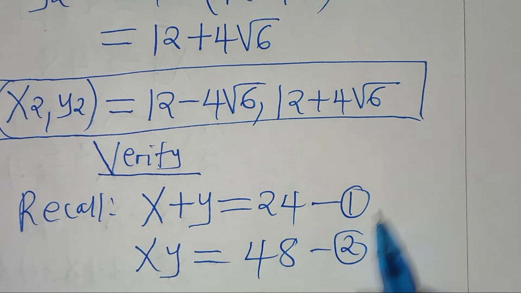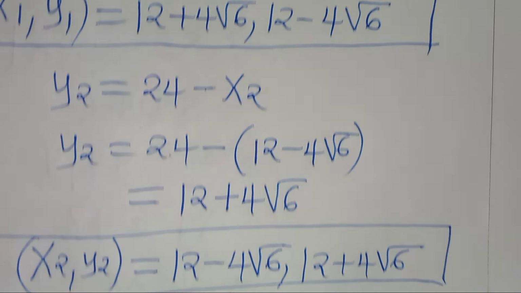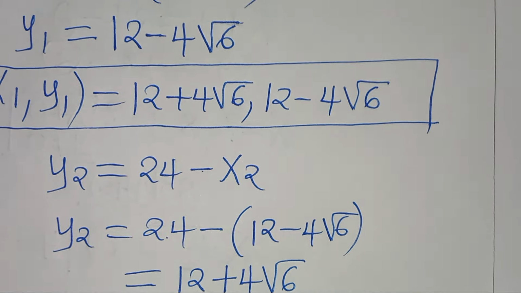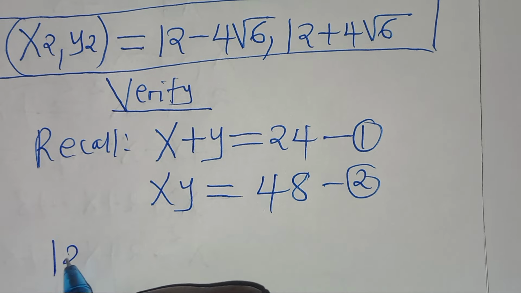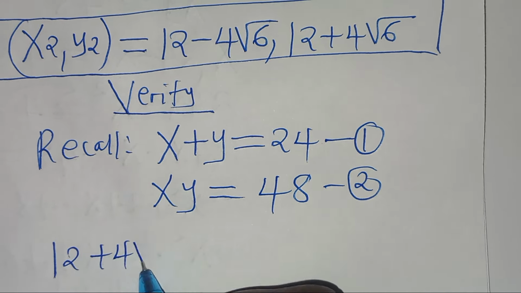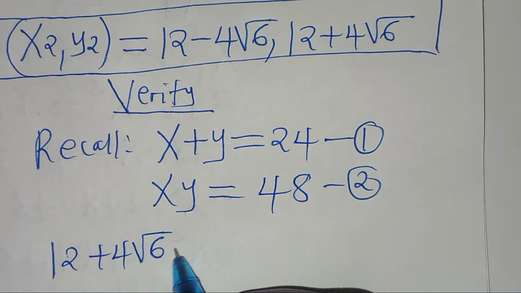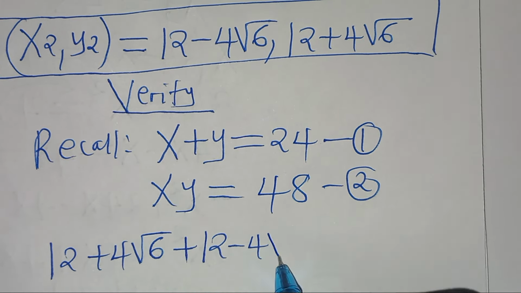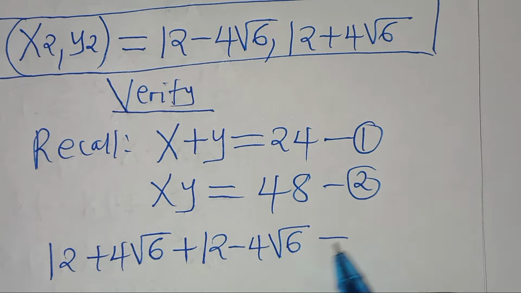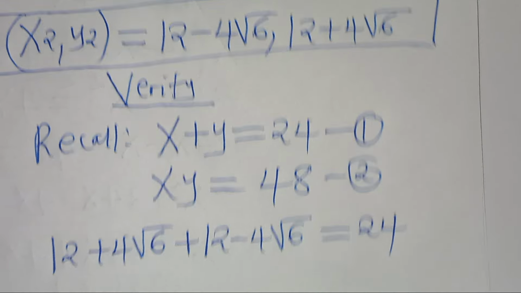So from equation 1, we can substitute x1, y1. So that now here we have 12 plus 4 square root of 6, then plus we have 12 minus 4 square root of 6. This should give us a value of 24.